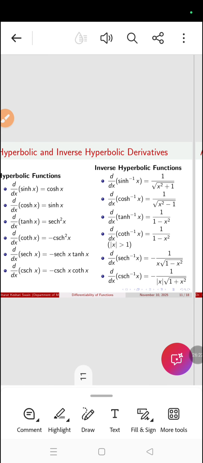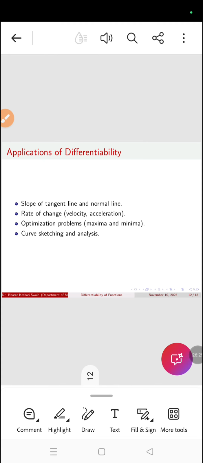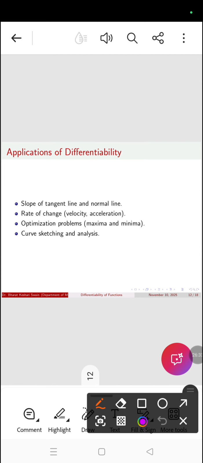Now what is the application of differentiability? First, we get the slope of the tangent by finding the derivative. We can find the slope of the tangent line and normal line. Once you get the slope of the tangent line, you will also get the slope of the normal line.